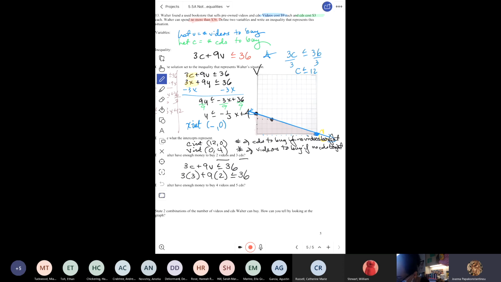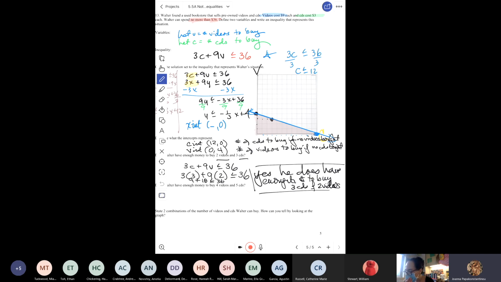Is that less than 36? Yes, he does. And these are word problems, so we're writing out our answers in sentences.